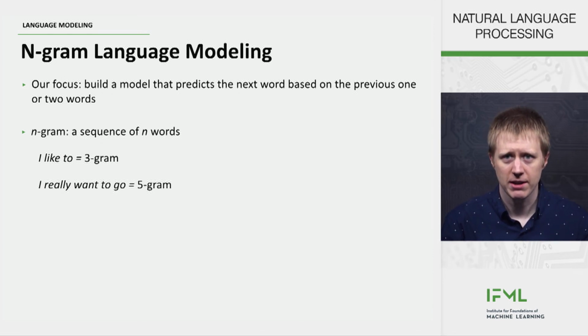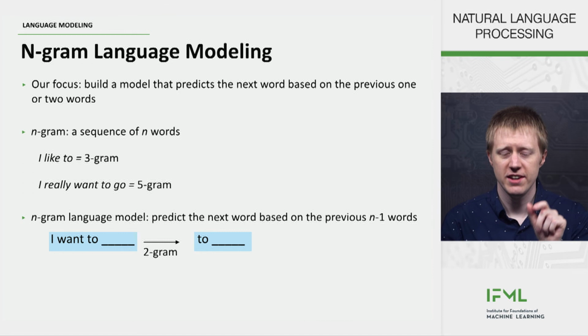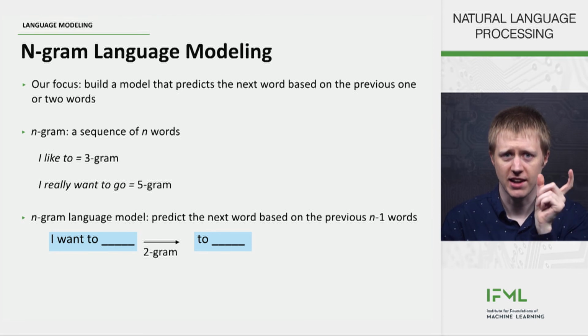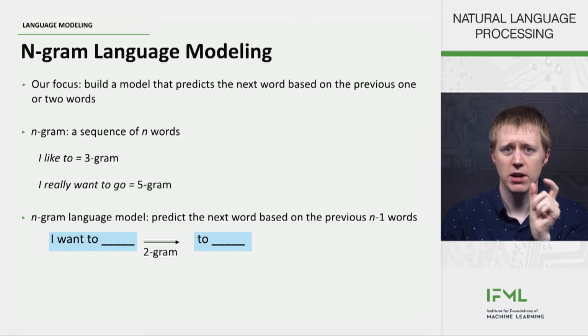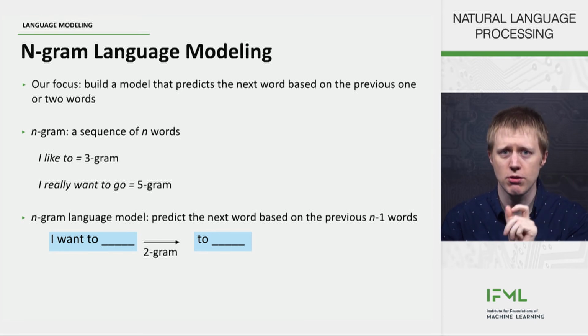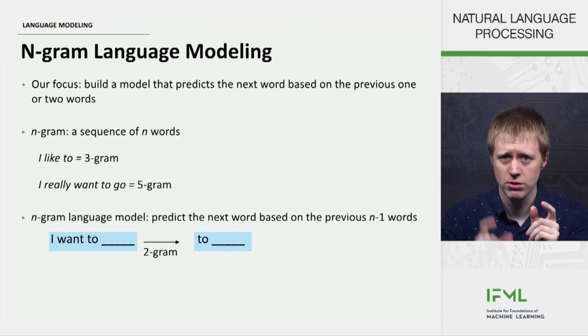So an n-gram language model is going to predict the next word based on the previous n-1 words. So if we have this context, "I want to," and we are approaching this with a 2-gram model, a 2-gram model is only going to look at the previous n-1, so 2 minus 1 words. So it's only going to look at one word of the context, which is "to" blank.